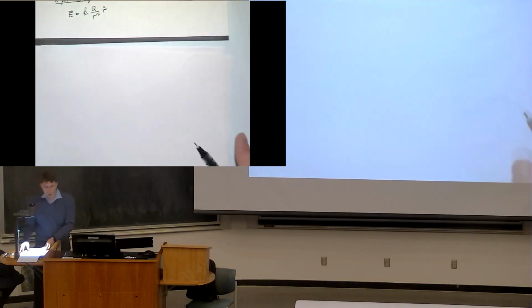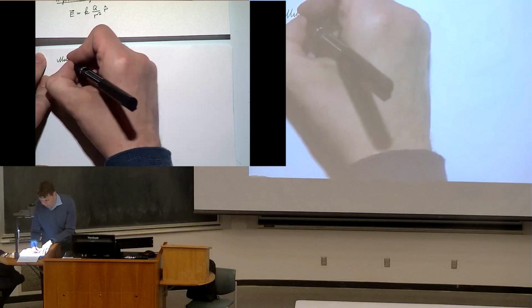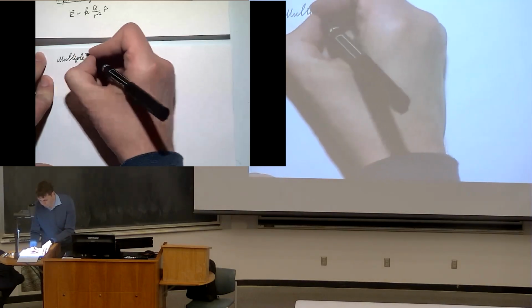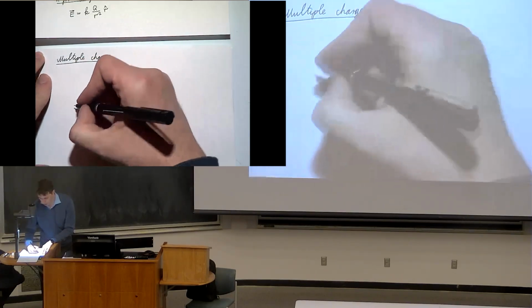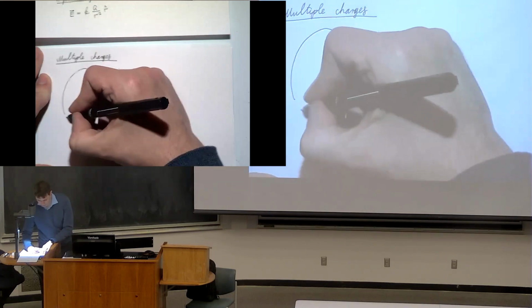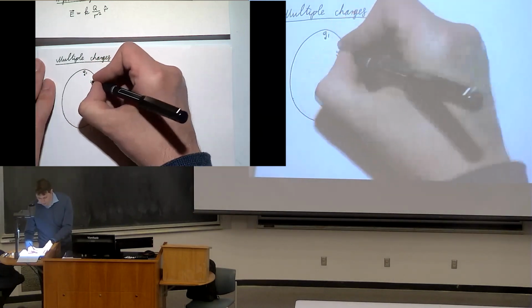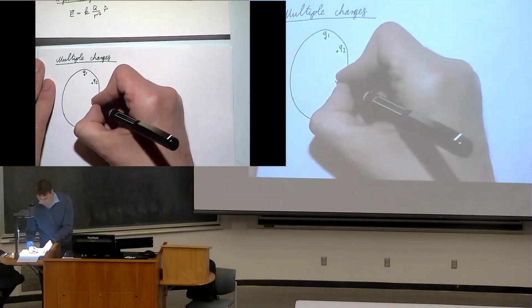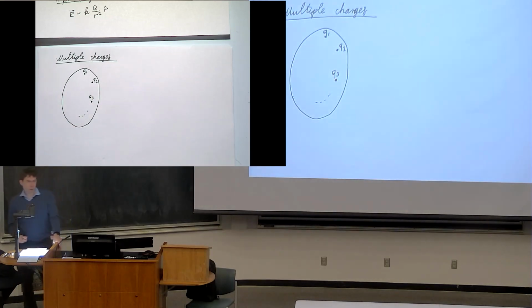Okay, now what if we have multiple charges? So we started that discussion with the notion of an electric field of an arbitrary charged body. So an arbitrary body has got multiple charges. So let's say this is our charged body, and there are charges here, Q1, Q2, Q3, and so on. They could be both positive and negative.